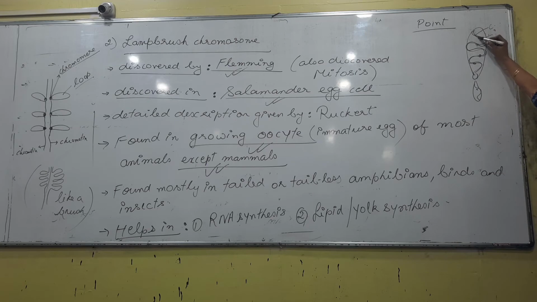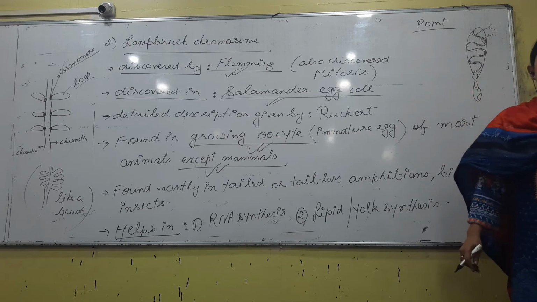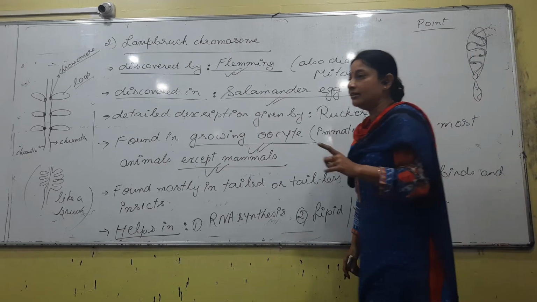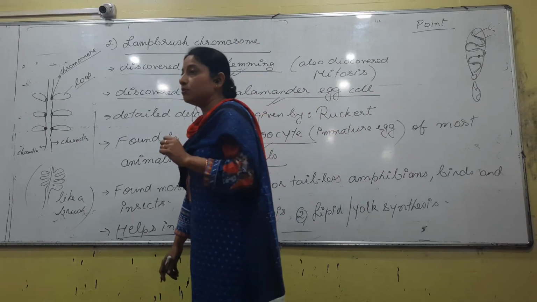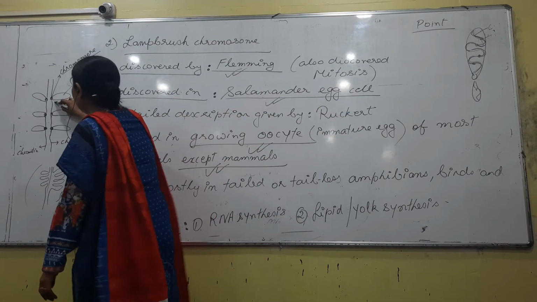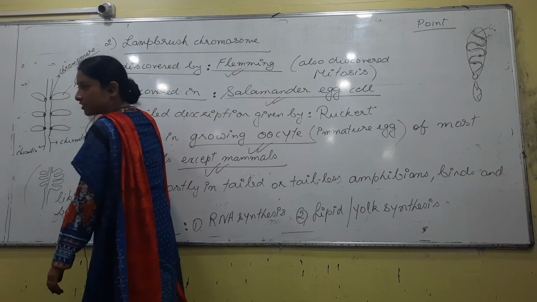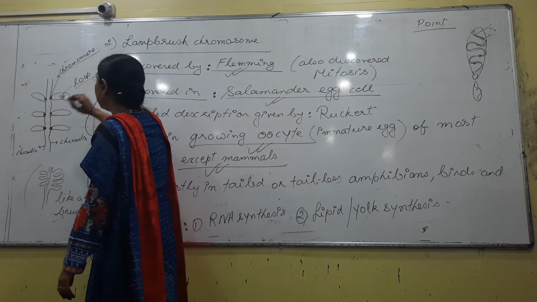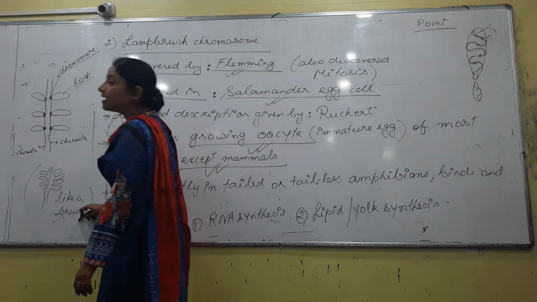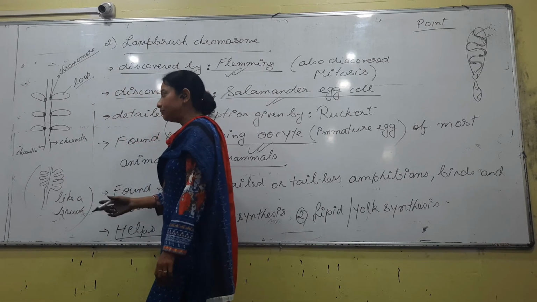All these are chromonema. What are they? Nothing but coiled fibers of chromatin material, genetic material, inside the chromosome. In some places there is more, and they will form a bead like structure, and that is what is called a chromomere. I think the diagram was already given while we were discussing the structure of the chromosome, right? From the chromomere we will see a loop like structure that develops. These loops ultimately look like a brush, and so it is called a lamp brush.